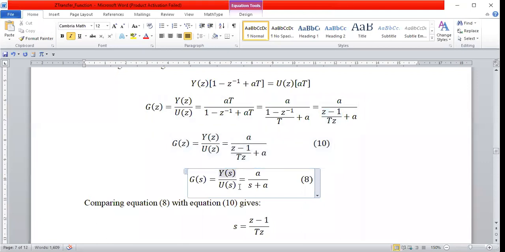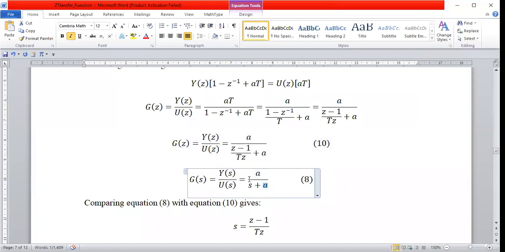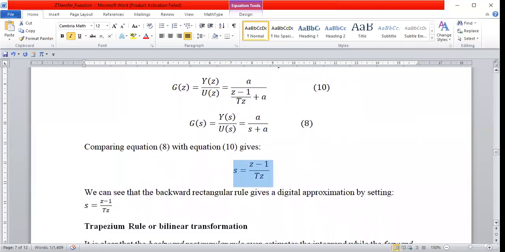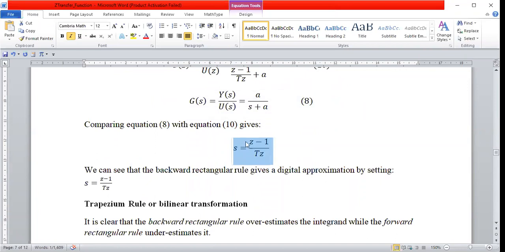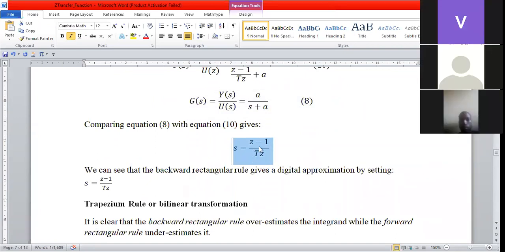If you compare both of them together, you have a here and a here, which is the same thing, and you have a here and a here, which is the same thing. So it means that s is equal to this particular one. For the backward rectangular rule, you replace s with z minus 1 divided by tz.